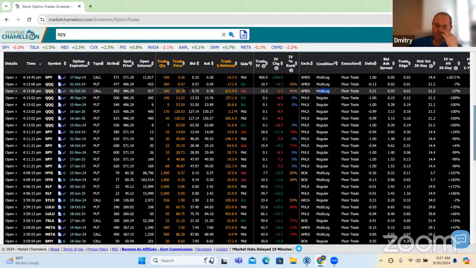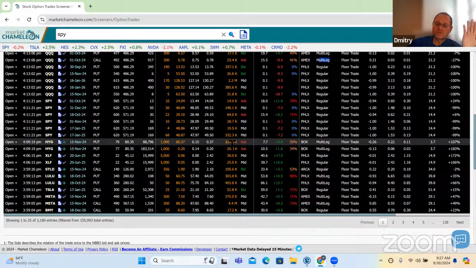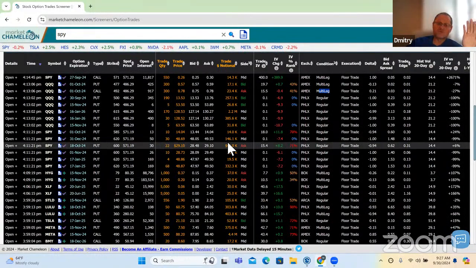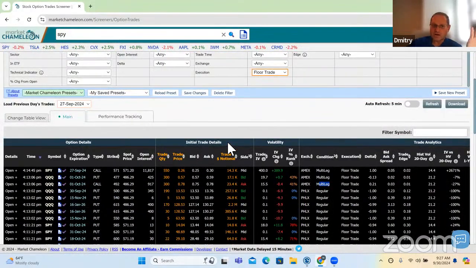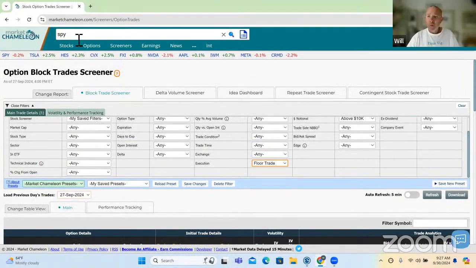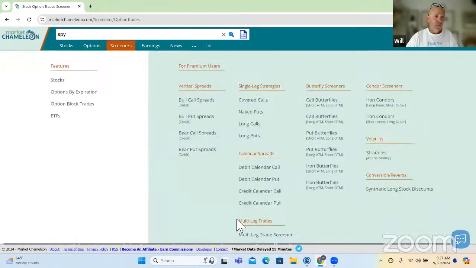What were they doing? This would be a monumental endeavor to do by hand. You would need a machine to help you out. So that's what we have. This is one of the many great values of Market Chameleon.